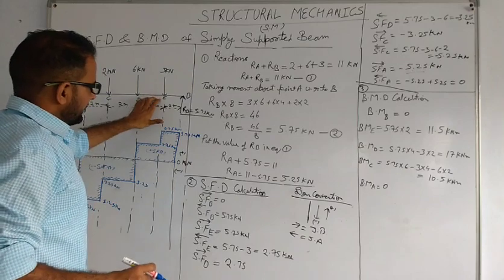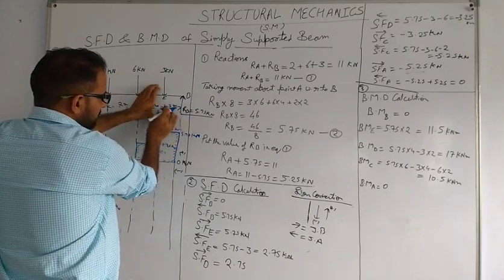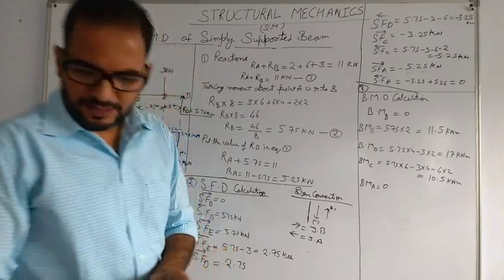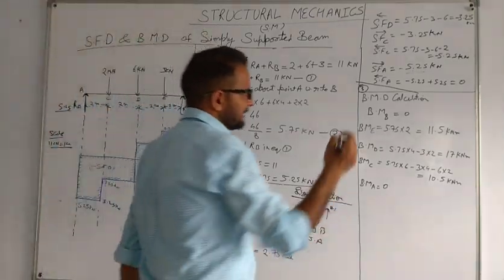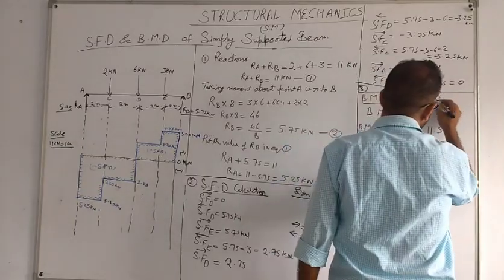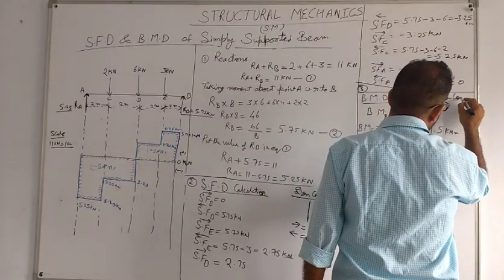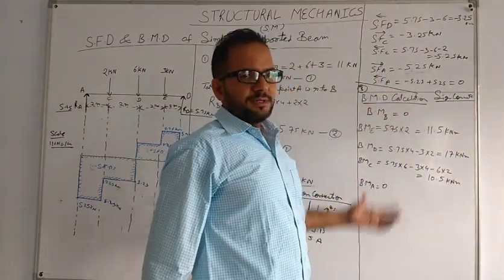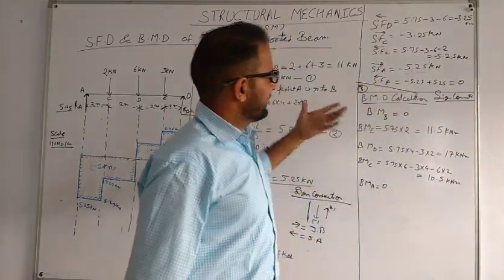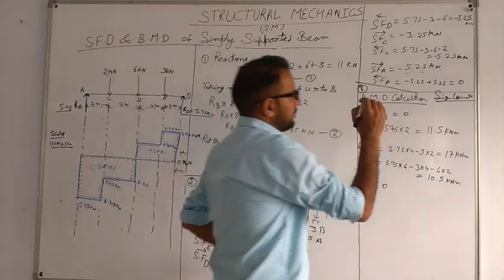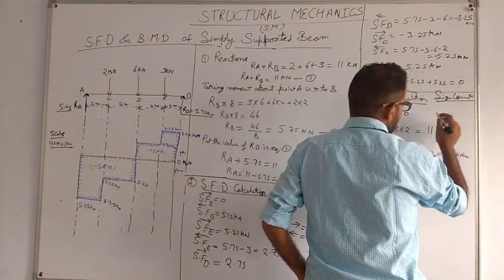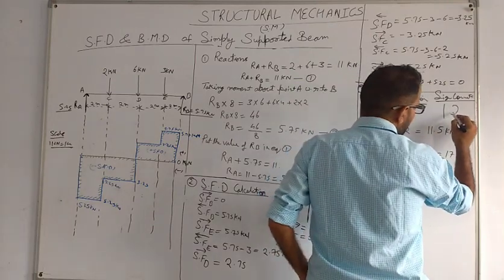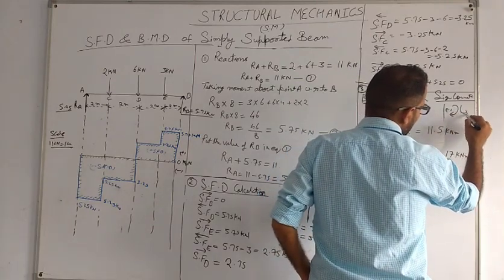Now bending moment at point E, RB and 2 kN. Again here we have to consider one thing, which is the sign convention. Every time you have to write the sign convention. In this case, we are taking the right side of the section, where clockwise is negative and anti-clockwise is positive.